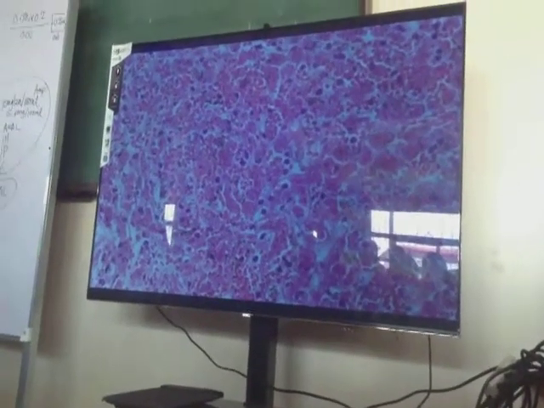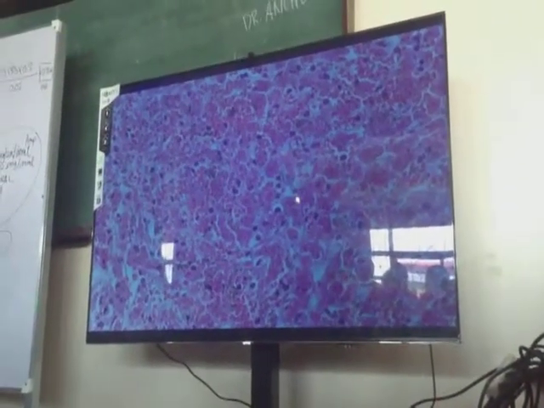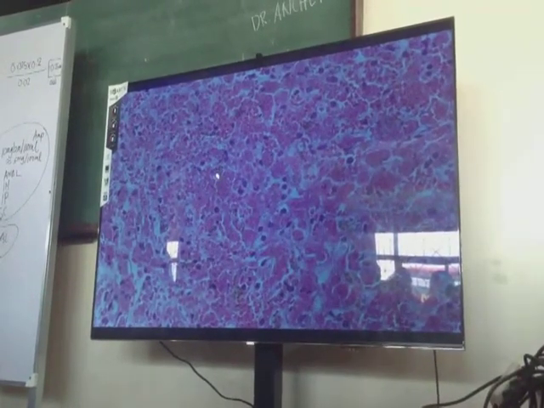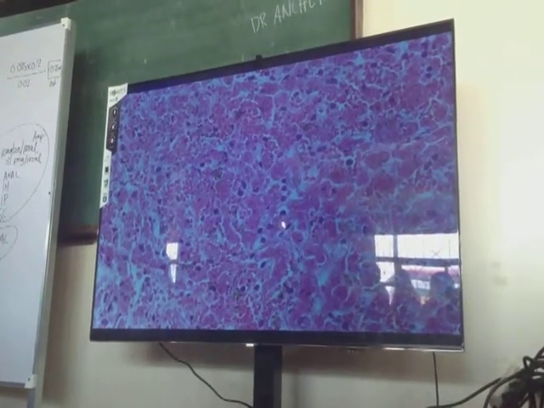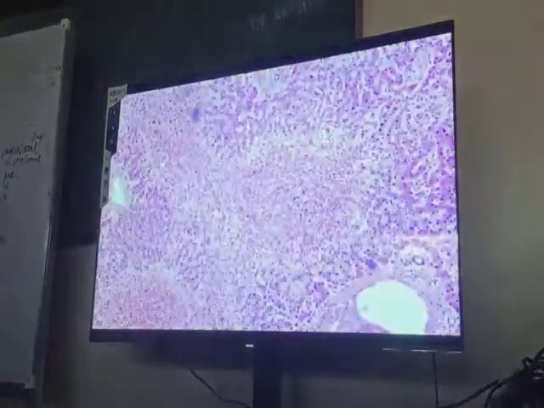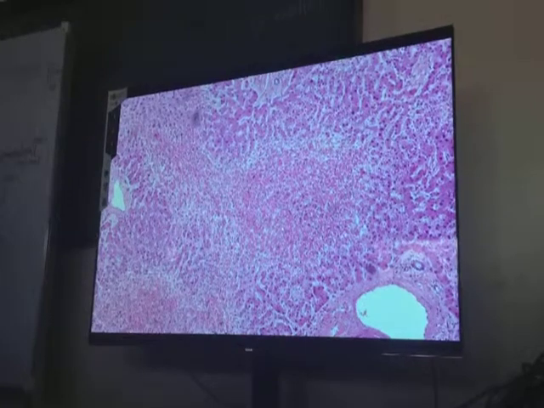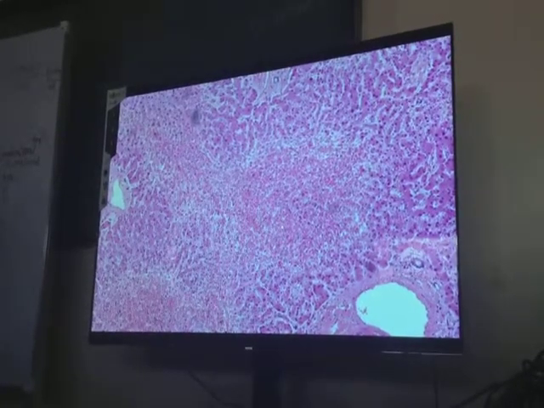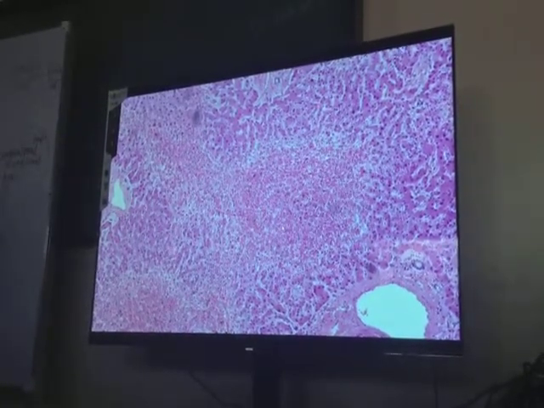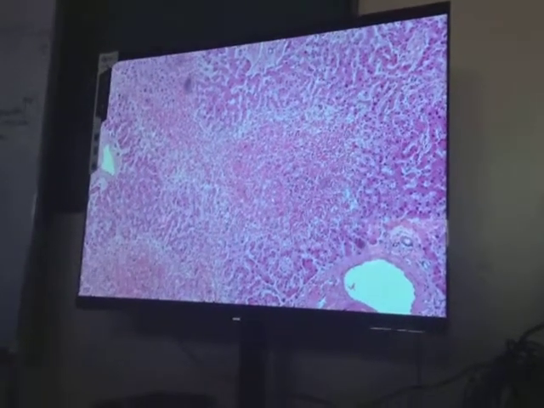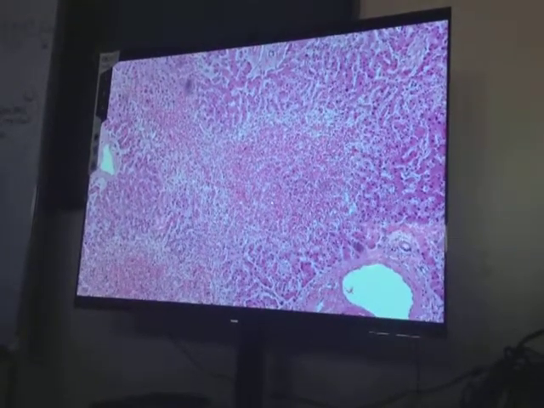Okay, they are necrotic already because they do not display their nuclei anymore. What is the possible cause for this characteristic location of necrosis? This slide is diagnosed as number 126, hepatic central hemorrhagic necrosis.